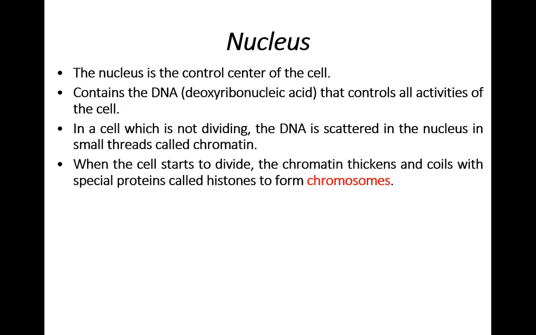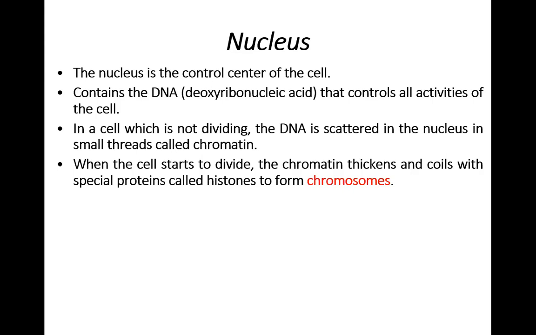When the cell is busy doing cell things, it runs through what we call a cell cycle. When a cell is busy being a skin cell or a liver cell or whatever, the DNA is scattered throughout the nucleus, wrapped around a protein called histone, and we call this chromatin.